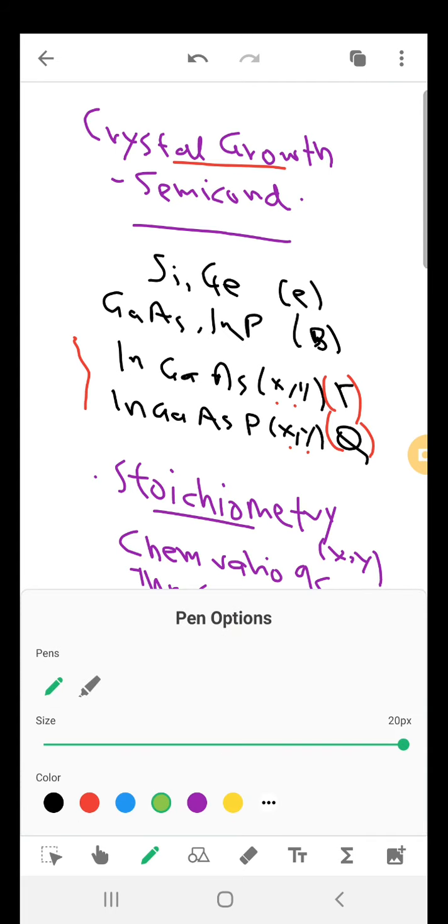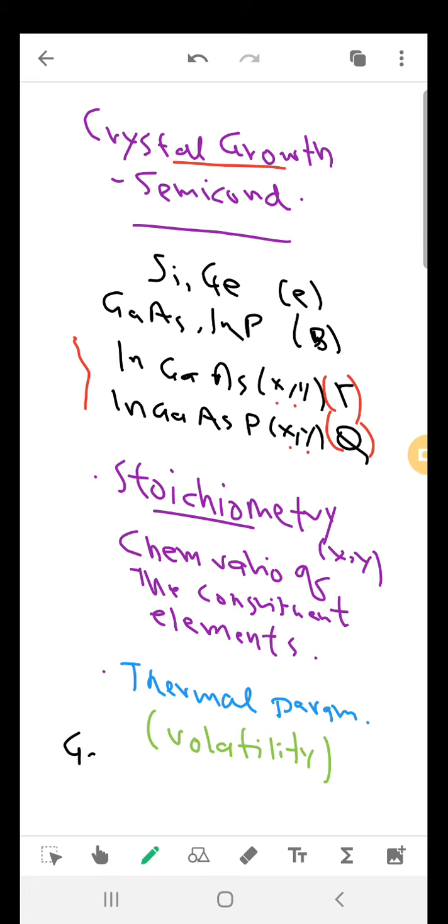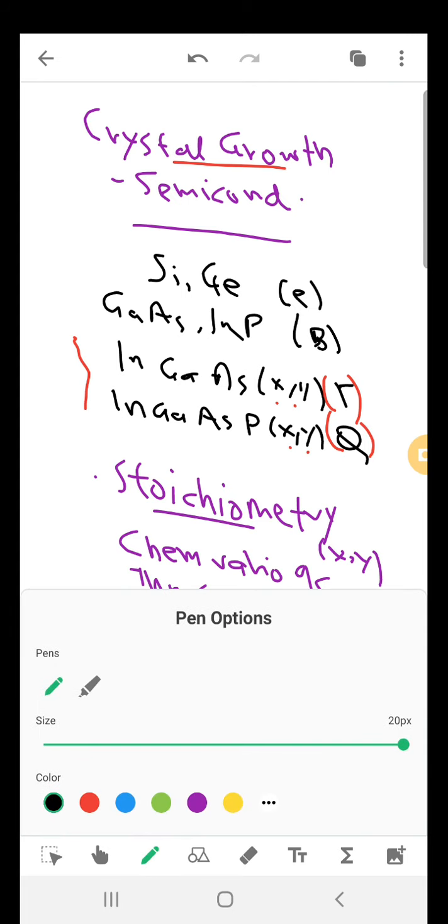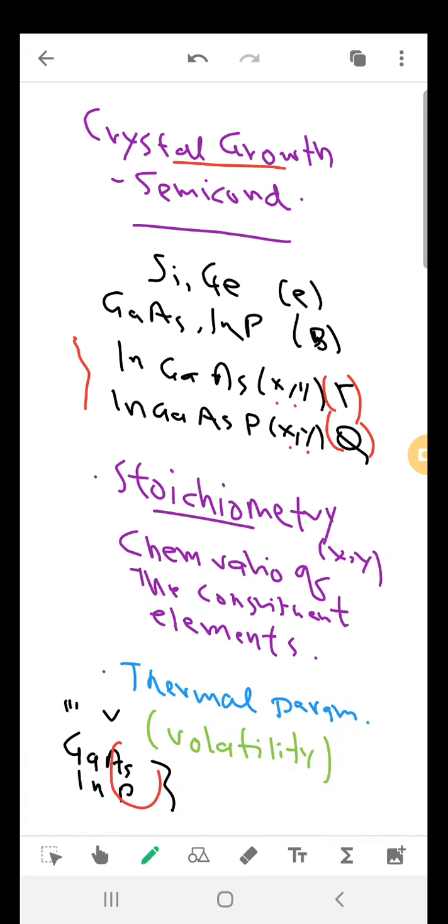For example, take gallium arsenide and indium phosphide. These are group 3 and group 5 elements. The group 5 elements, arsenic and phosphorus, are more volatile compared to the group 3 elements. That means they evaporate readily, leaving behind the group 3 elements.